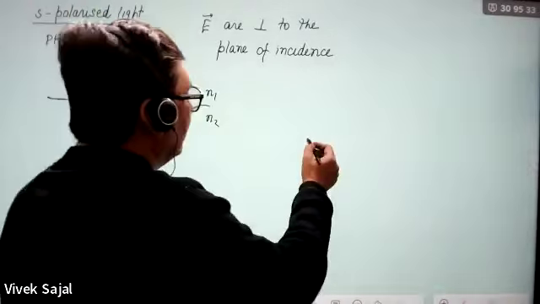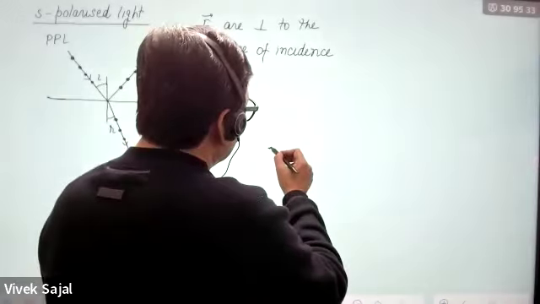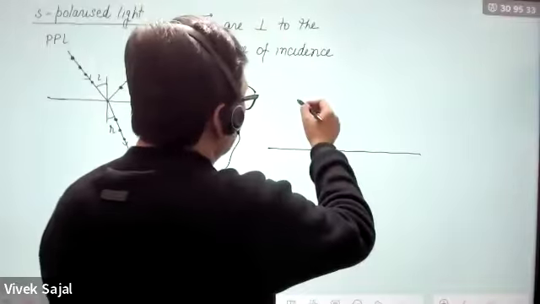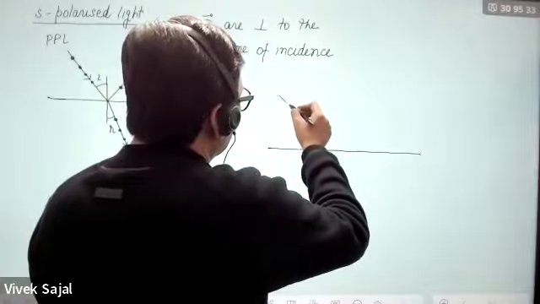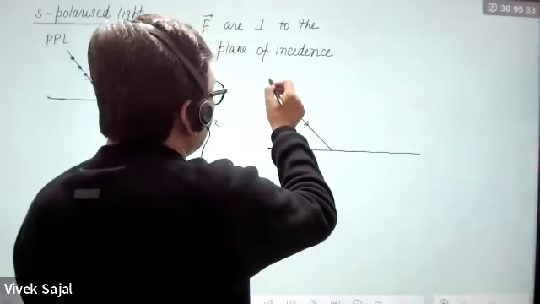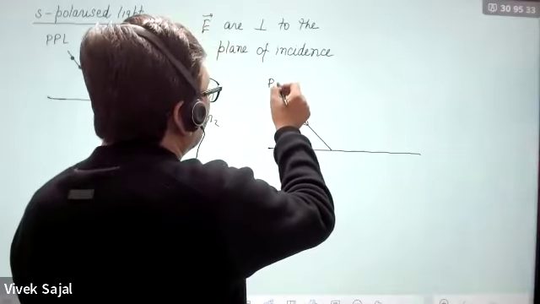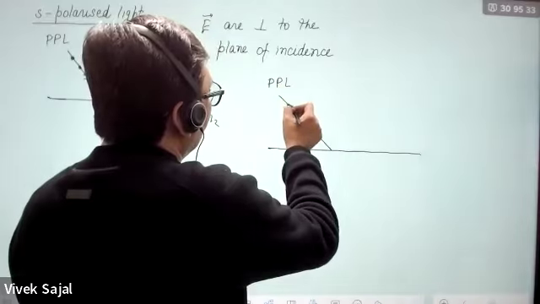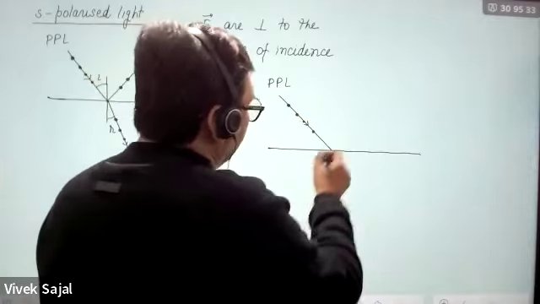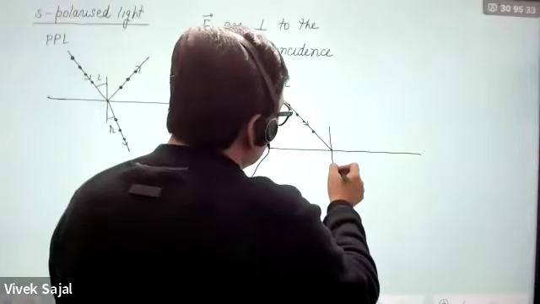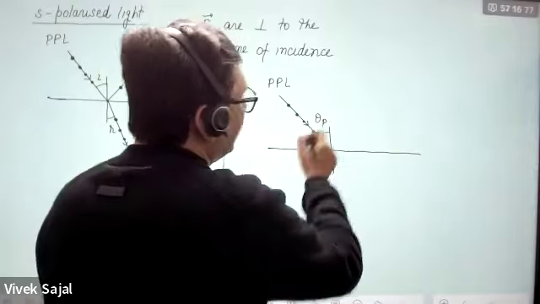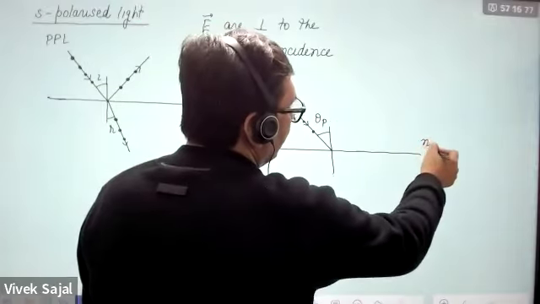Now, another important property. This was the plane of incidence and you have s-polarized light. We have launched this s-polarized light at the same angle theta p, the Brewster angle. This is n1, n2.